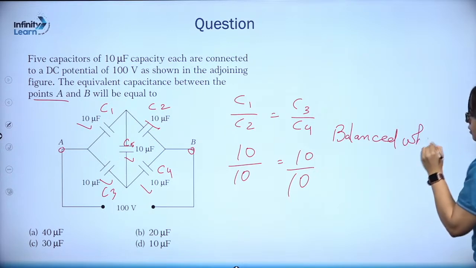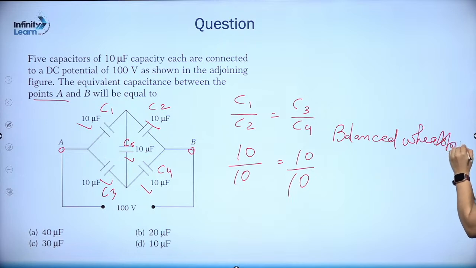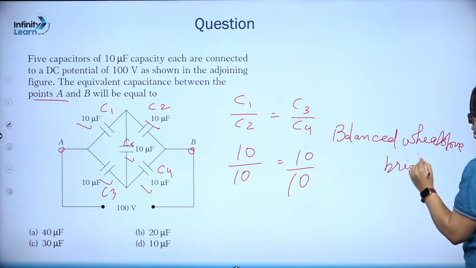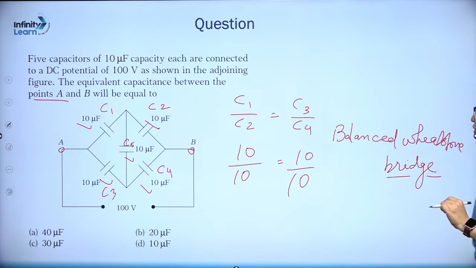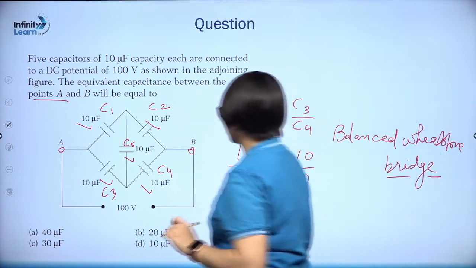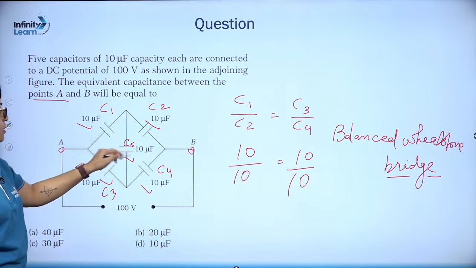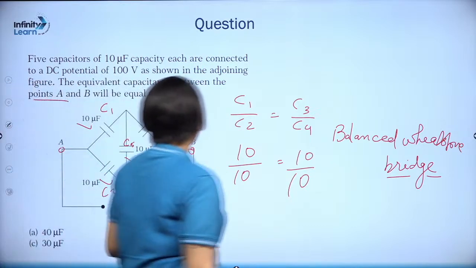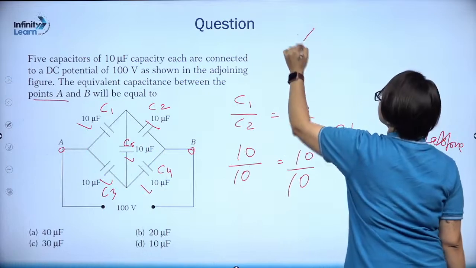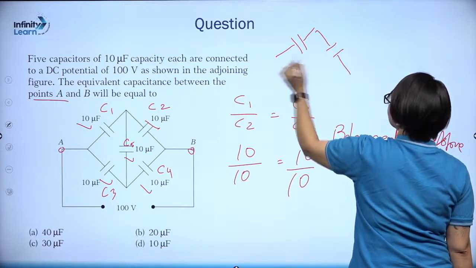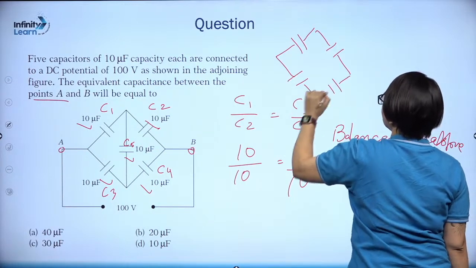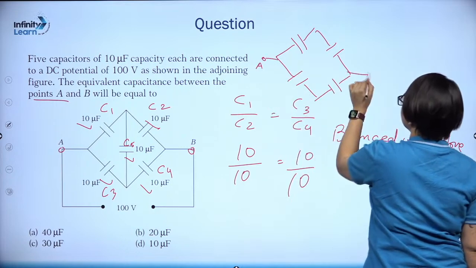Okay? This is a balanced Wheatstone bridge. So over here, this C5 is useless because there will be no charge on this C5. So basically the reduced circuit will be 10, 10, 10, 10. This is A and this is B.